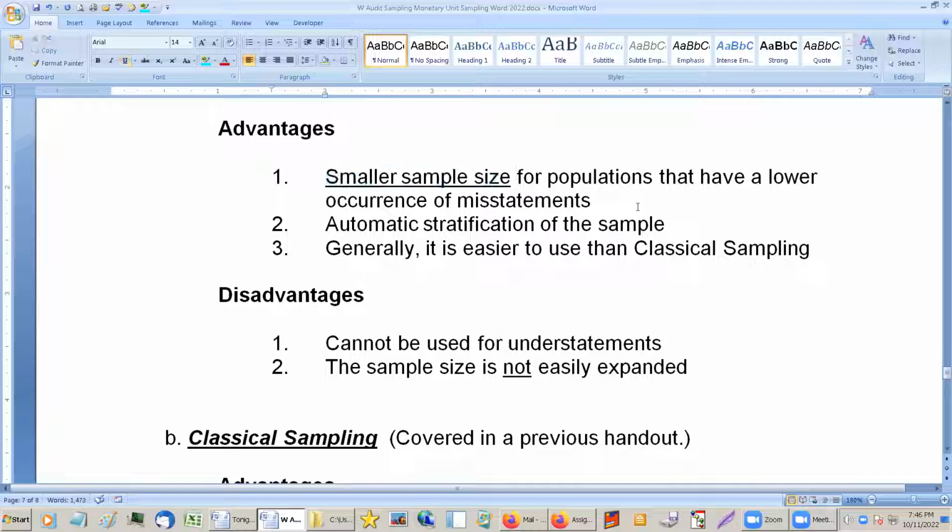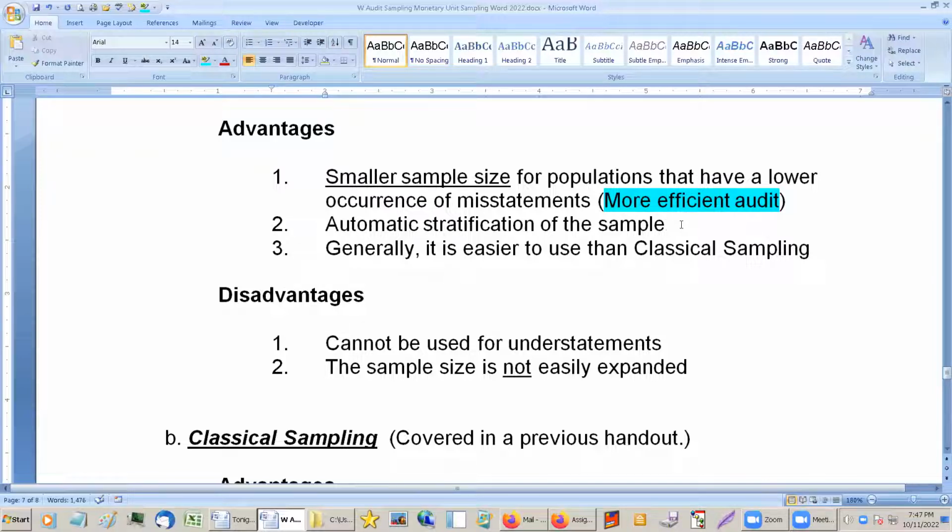It can be more efficient. And again, if there's a low rate of misstatements, a lot of times you come up with a more efficient audit.